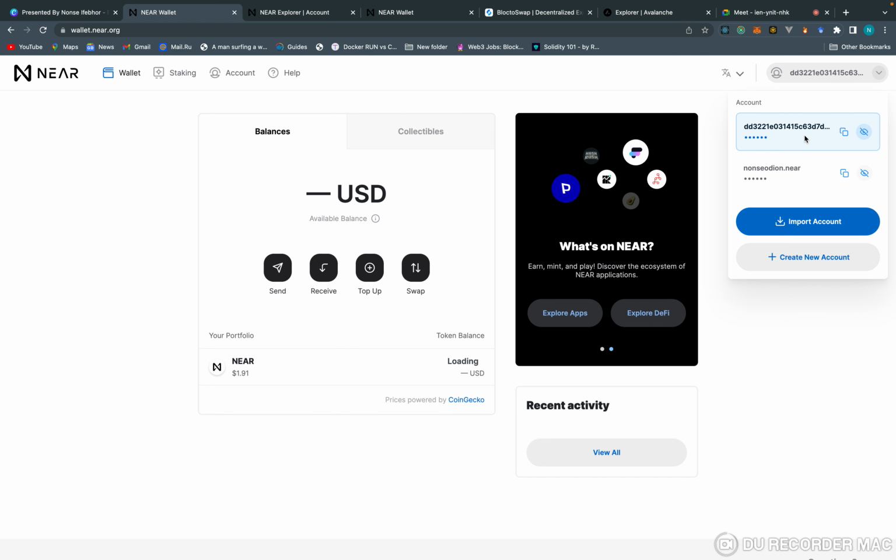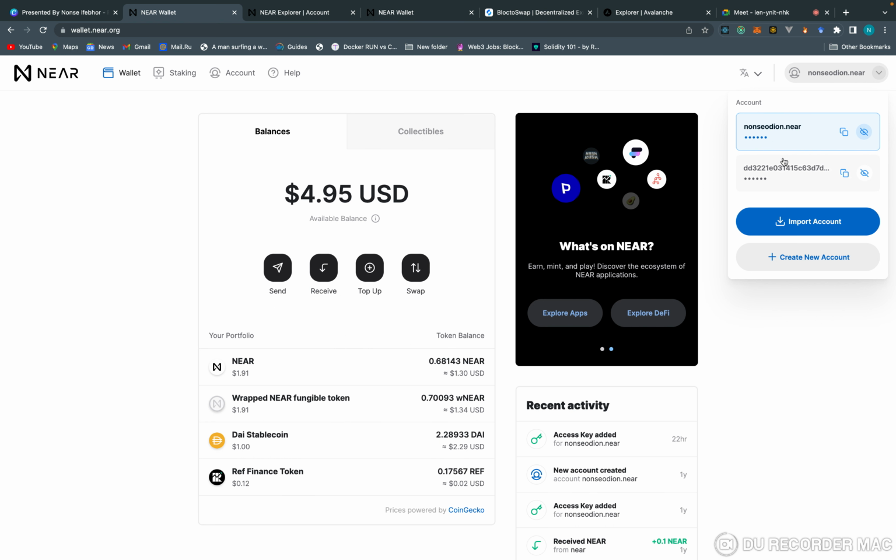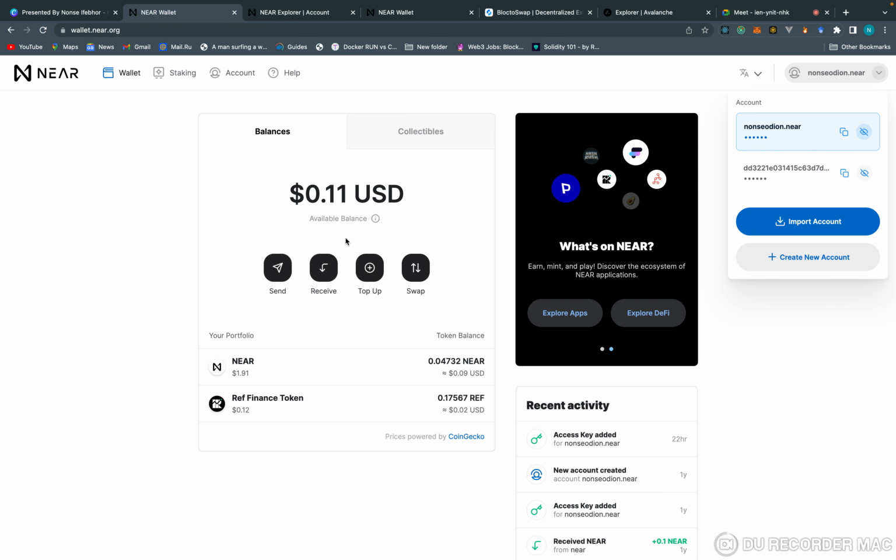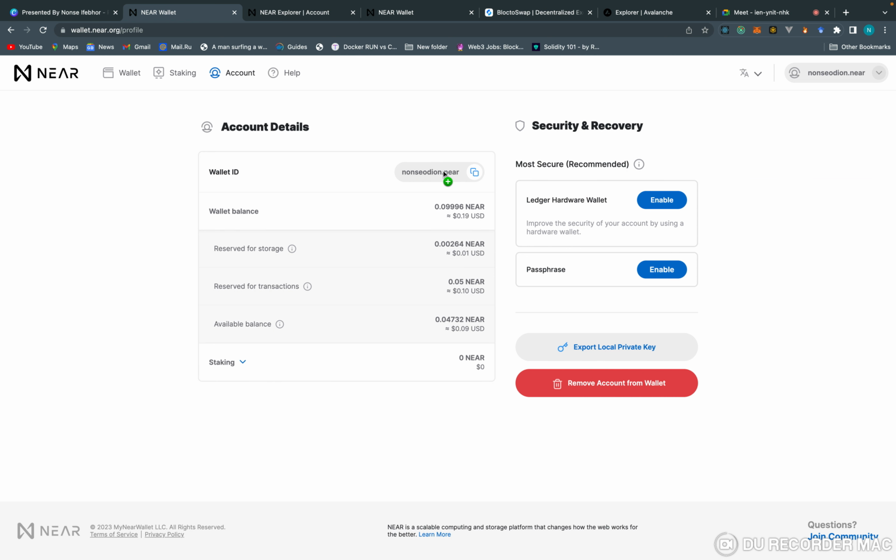Where is it? Oh, sorry. Okay, yes, here. So nonce.near is what .near names look like. But the difference between Ethereum and NEAR is that this whole thing is embedded in the protocol.